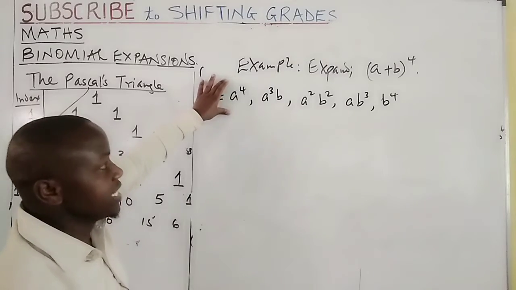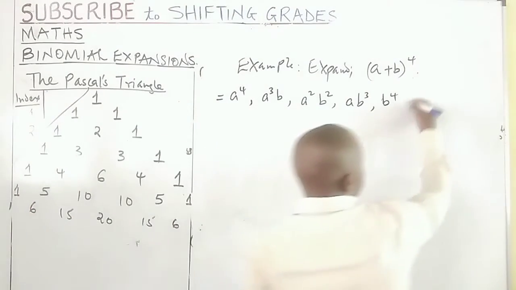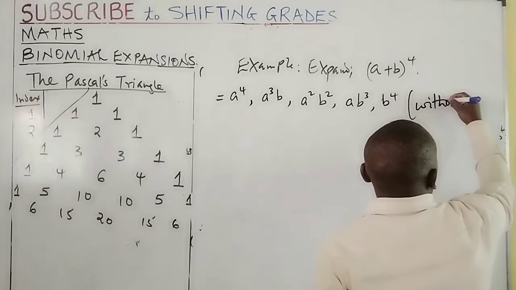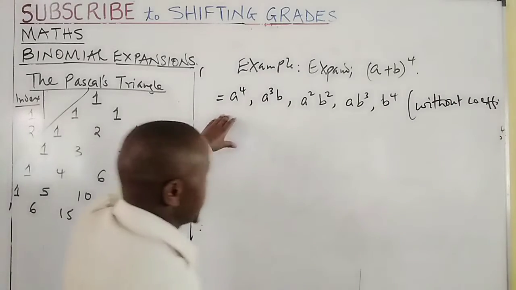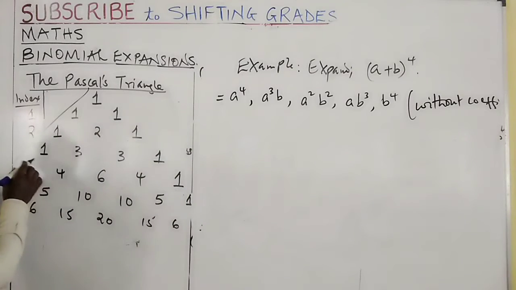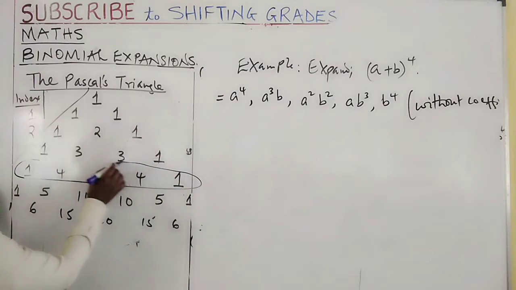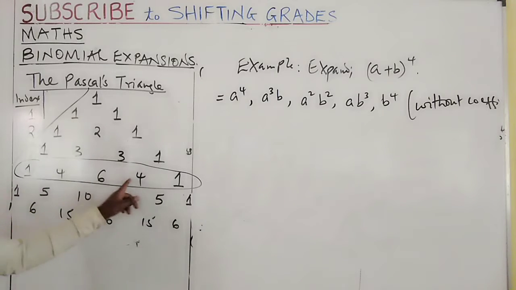Now, these are the terms without coefficients. Now the coefficients for power 4, because we have known them, are 1, 4, 6, 4, 1.